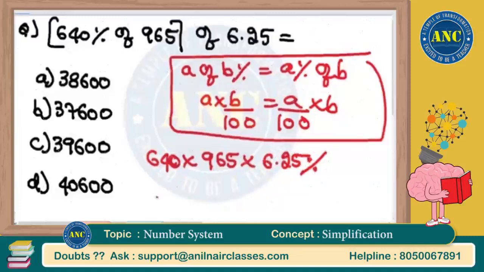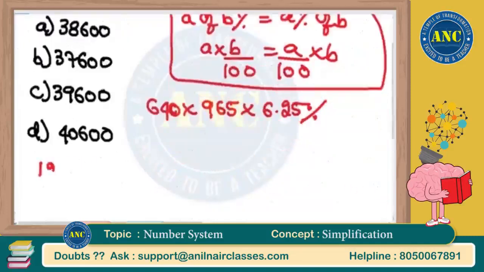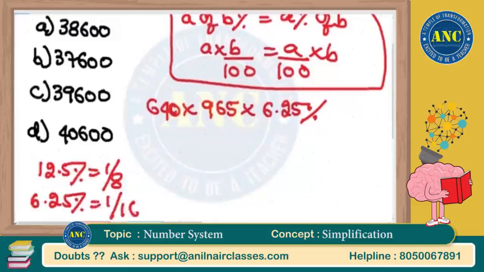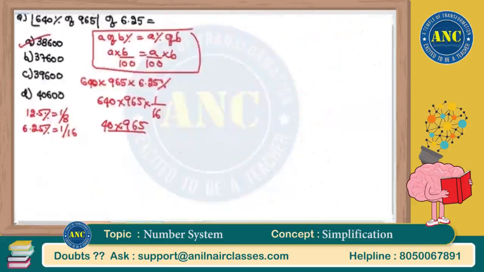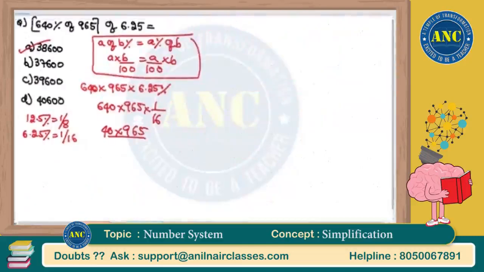6.25 percentage. Now if you listen carefully, 12.5 percentage is 1 by 8. 6.25 is half of 1 by 8, 1 by 16. 640 percentage of 965 into 6.25 percentage.